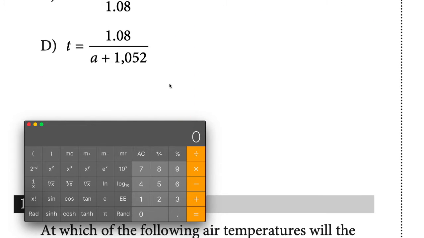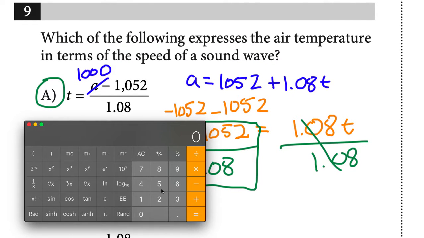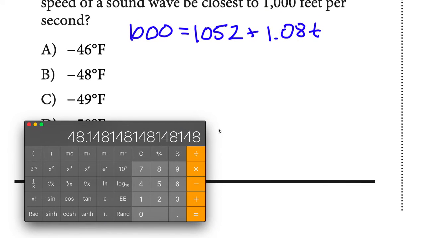What is going on here? Negative 52 divided by 1.08. I cannot type. This calculator is the death of me. It's negative 48, though. What are you doing? Gunner, stop questioning the game. It was 48.